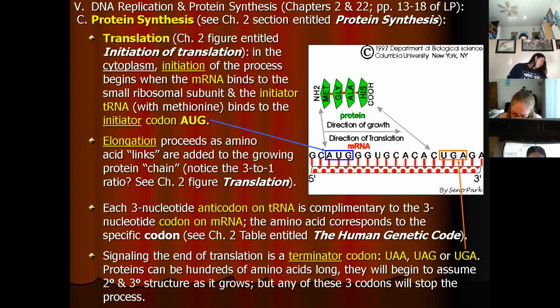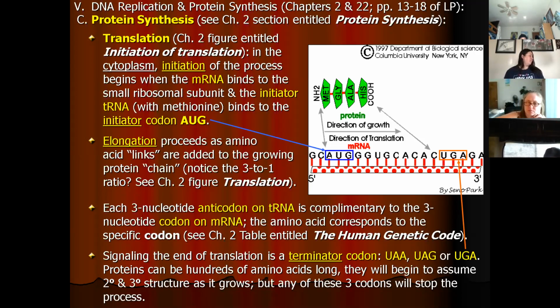You do have to know the initiator codon, and there's only 1, and the 3 terminator codons for lecture exam 1. And when that happens, the 2 subunits of the ribosome separate. Messenger RNA floats off to be digested, broken down into individual nucleotides and recycled, and everything stops.